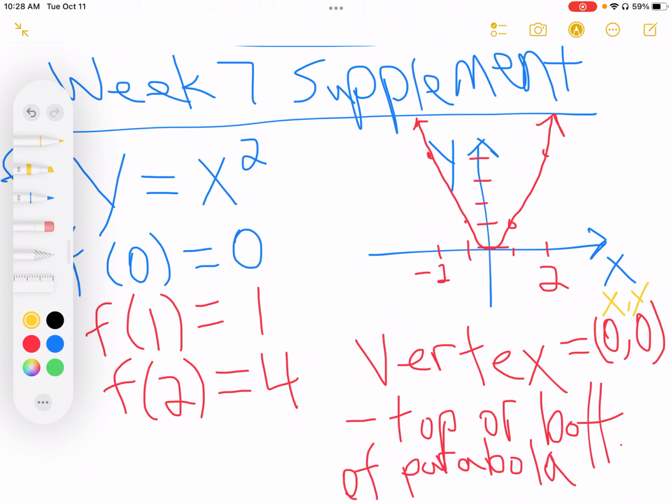We've learned that with lines as well. If we're going to specify a point, we can say the x value, then the y value.